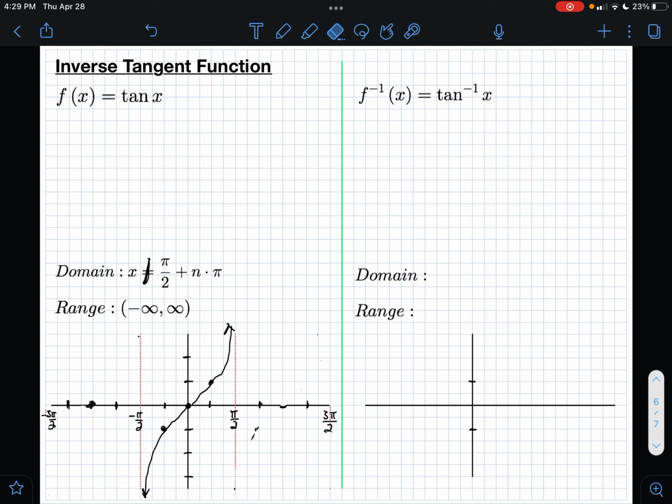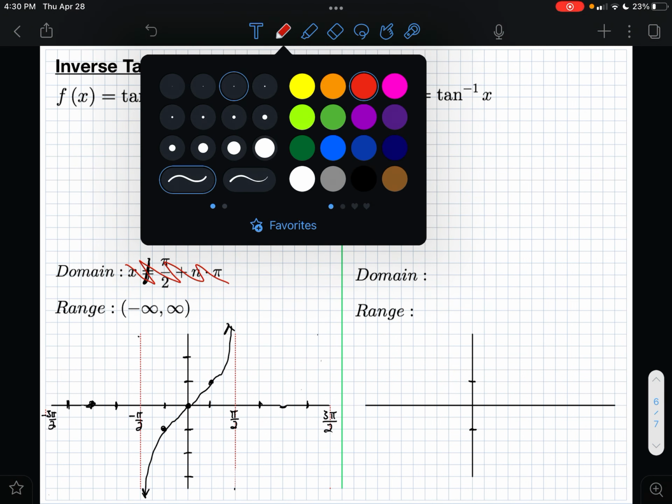When we do that, we no longer need to have this big, weird statement, x is not equal to pi over 2 plus n times pi, because that was meant to account for the fact that we have a whole infinite series of asymptotes, which we no longer have. So we can get rid of this, and we can write our restricted domain in a much more compact sense.